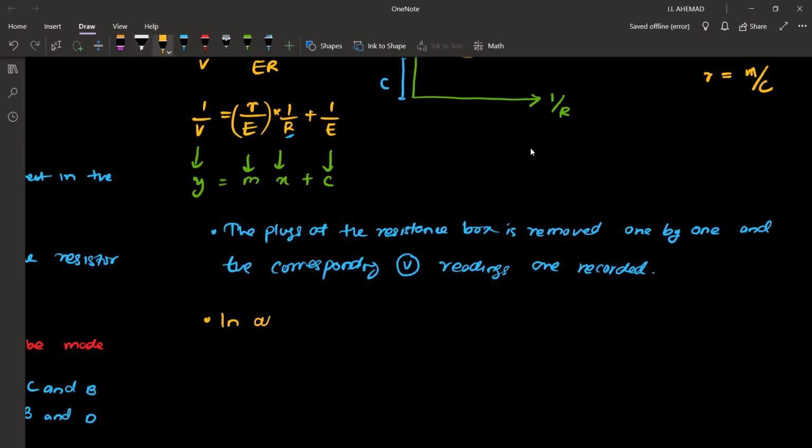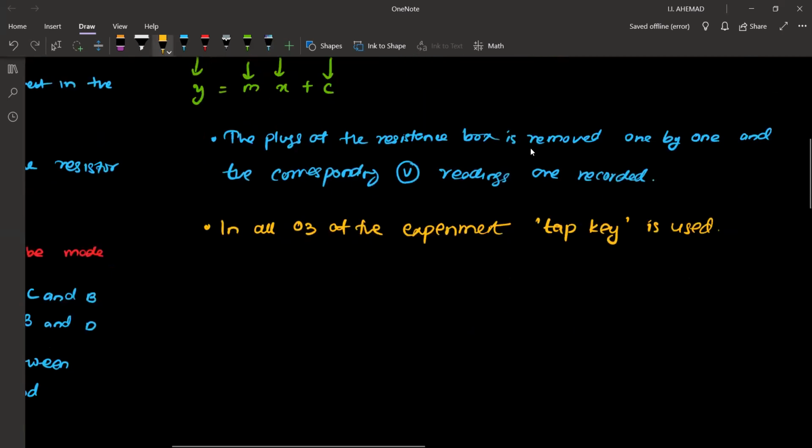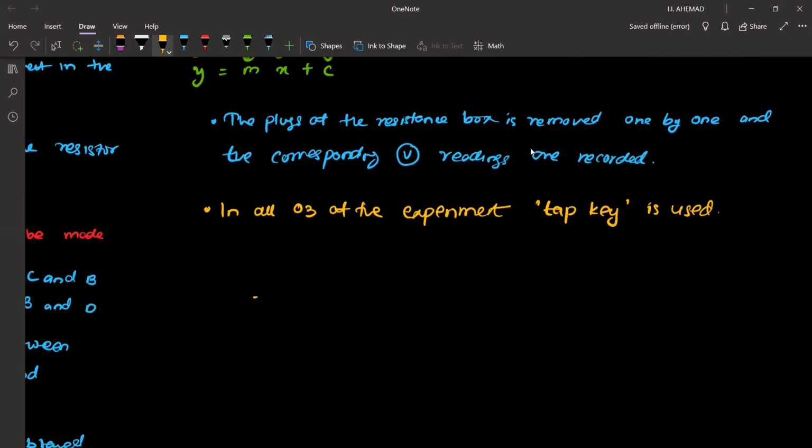In all three of the experiments, a tap key is used. Okay, what is a tap key? It is like this.